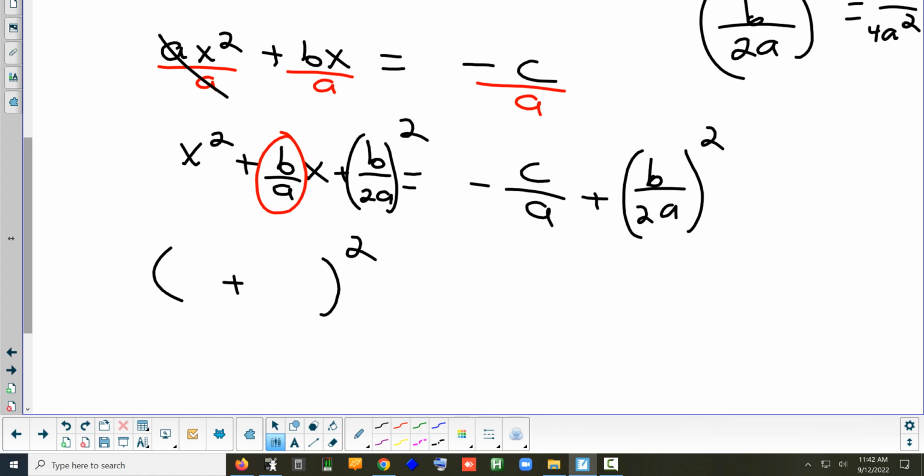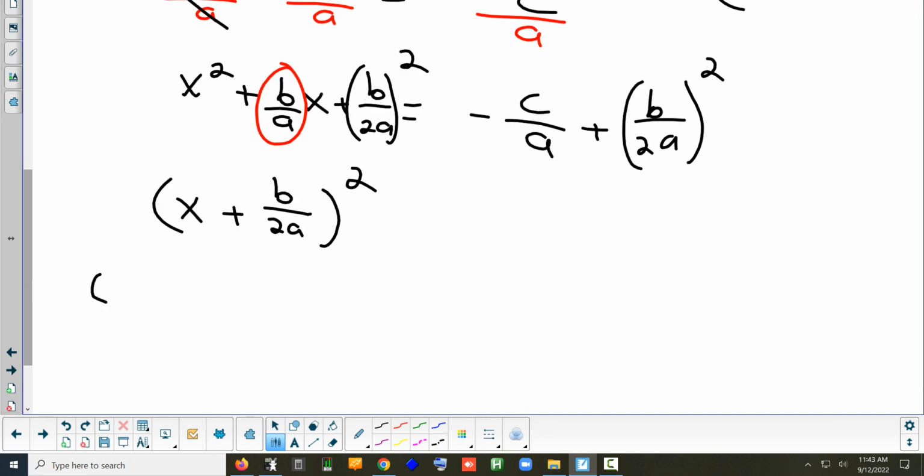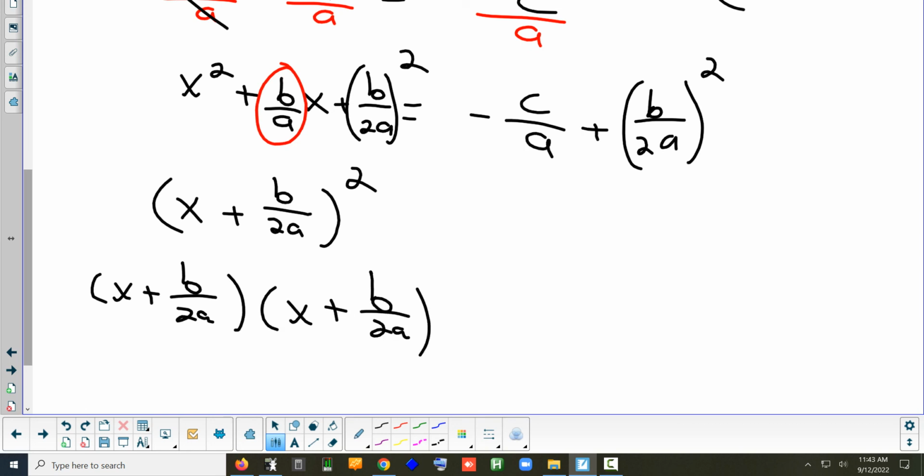Yep. The first number is x. And what would go right here? Yep. B over 2a. Because if you FOILed this out, you will get back exactly what we started with.